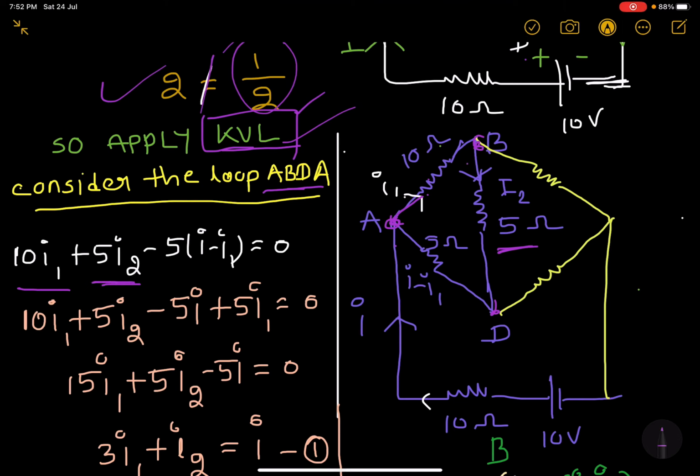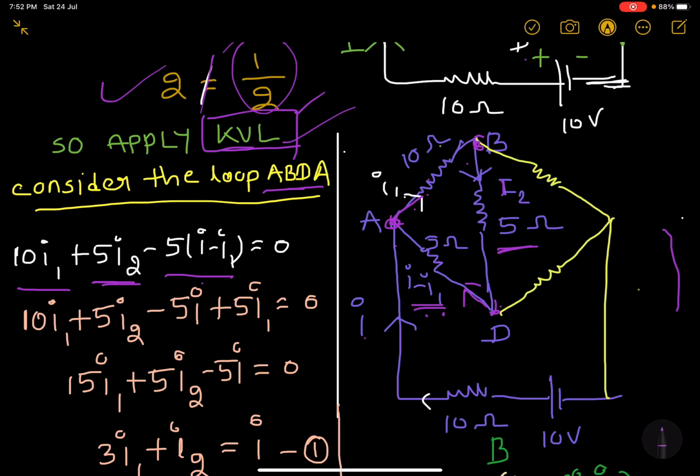Then the current goes in the opposite direction, so I take minus, and that resistance carries I minus I1. It splits the current into I1 and I minus I1.